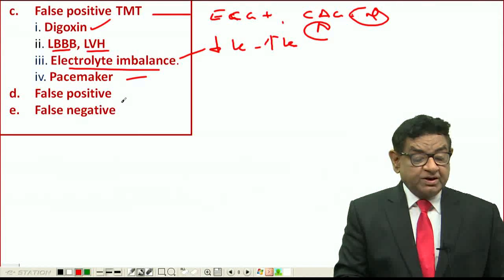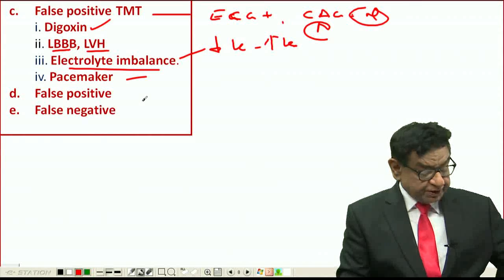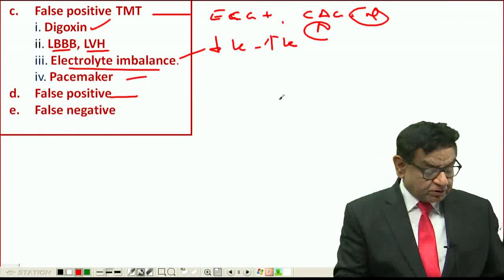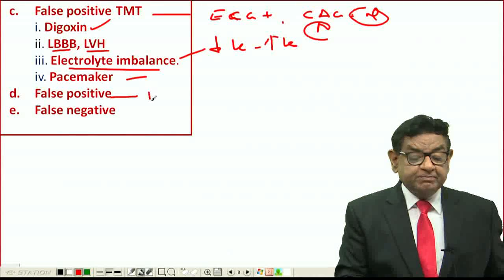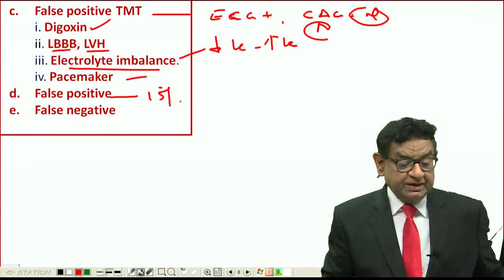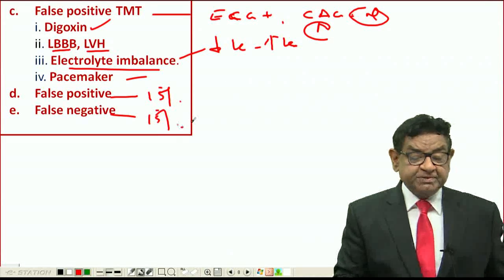Now, as far as false positives, the second thing I was talking to you about: even in normal cases, patients may have 15% false positives, and patients may have false negatives in around 15% cases.